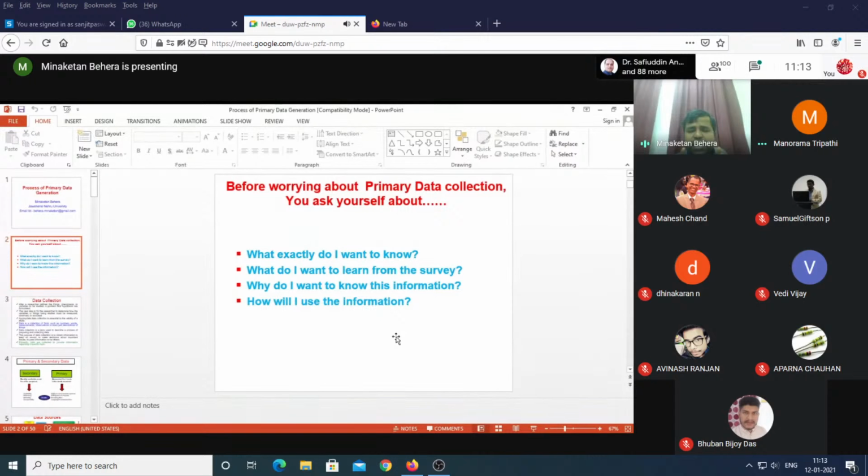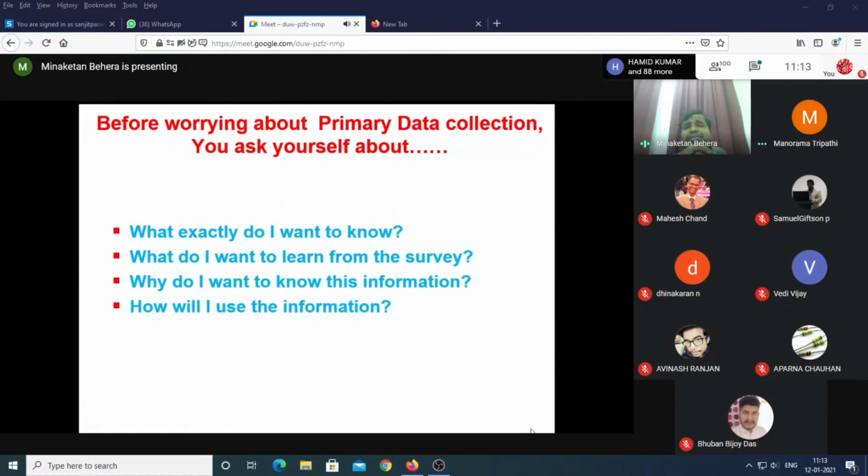Suppose I am working on tribes, education, or health. As a researcher, you have to try your level best to find the different secondary sources through which I will get secondary information on the topic I am working on. So broadly remember one thing. It is very, very essential.